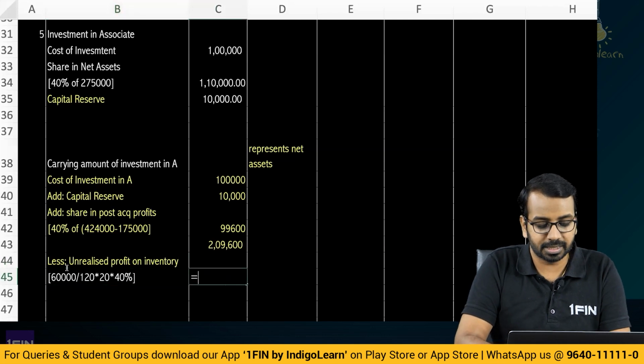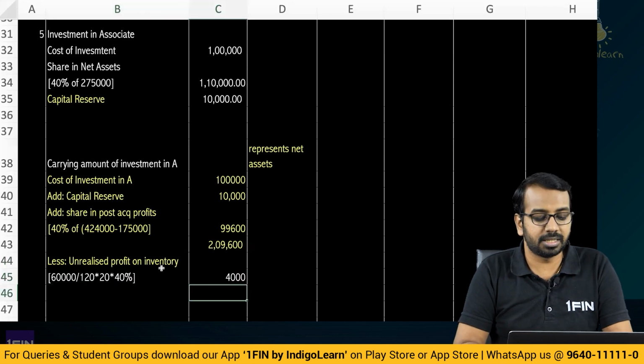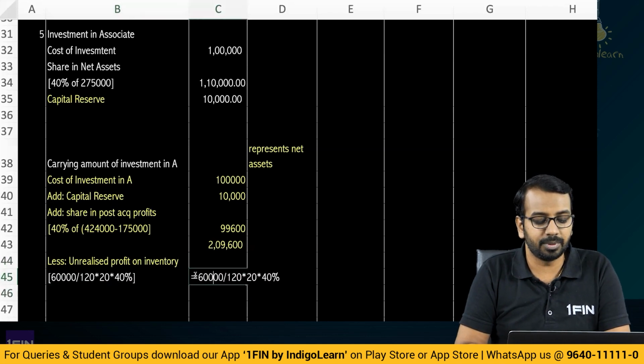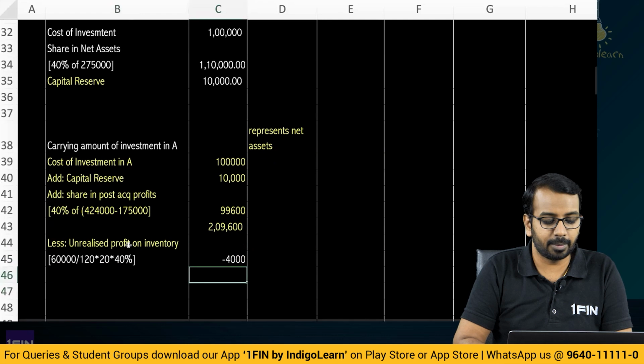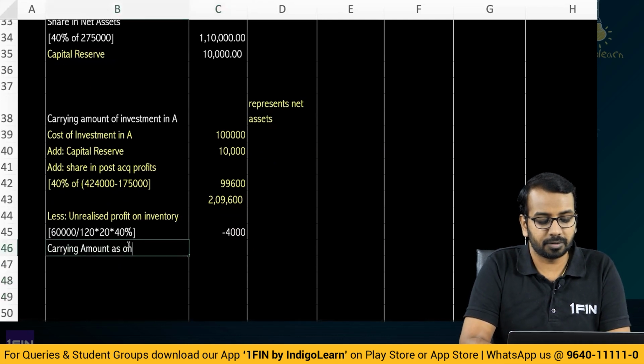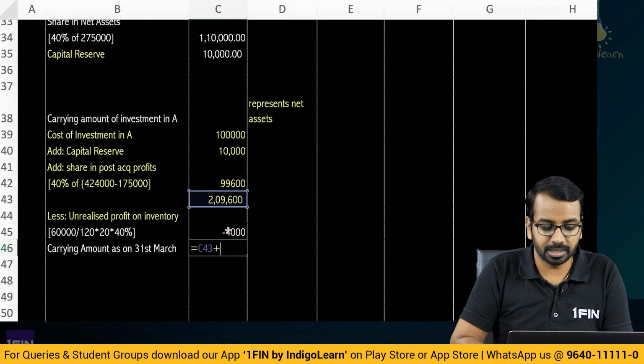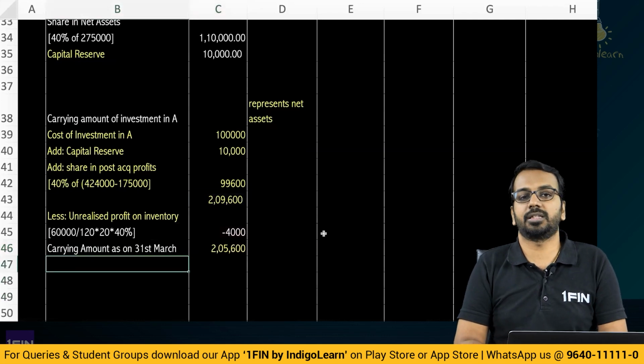If you do that, 60,000 divided by 120 multiplied by 20 multiplied by 40%, we get 4,000. This is unrealized profit which has to be eliminated. So, what is the carrying amount now? Carrying amount as on 31st of March would be 2,09,600 minus 4,000, that is 2,05,600.